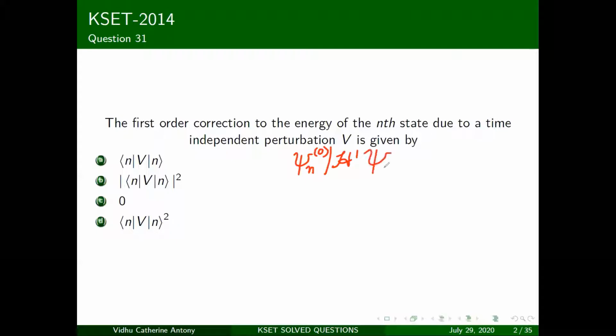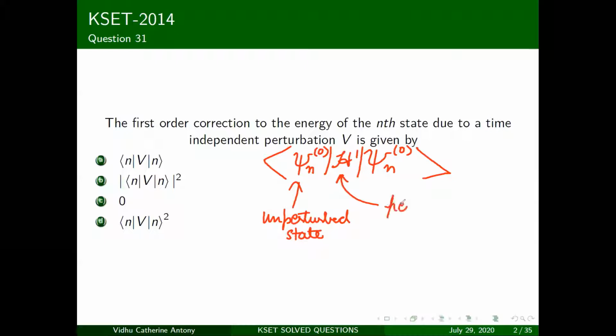It's the expectation value of the perturbing potential in the unperturbed state. These are called your unperturbed states, and this is basically the perturbing potential. Okay, so I think this should be fairly easy to remember.